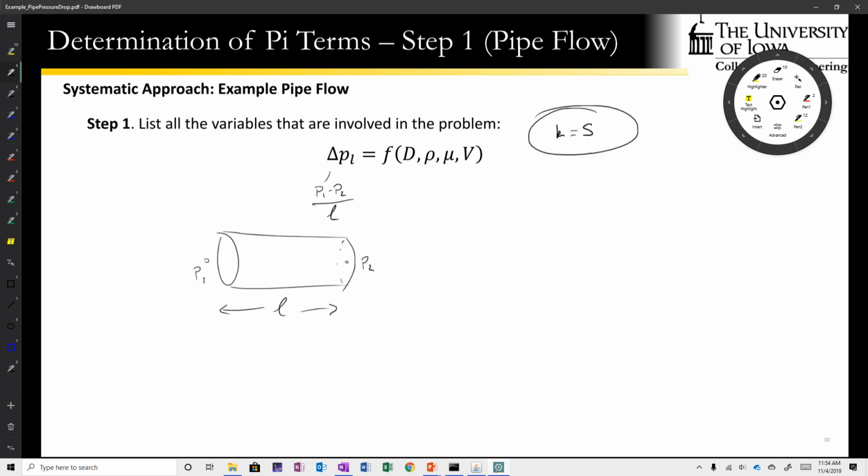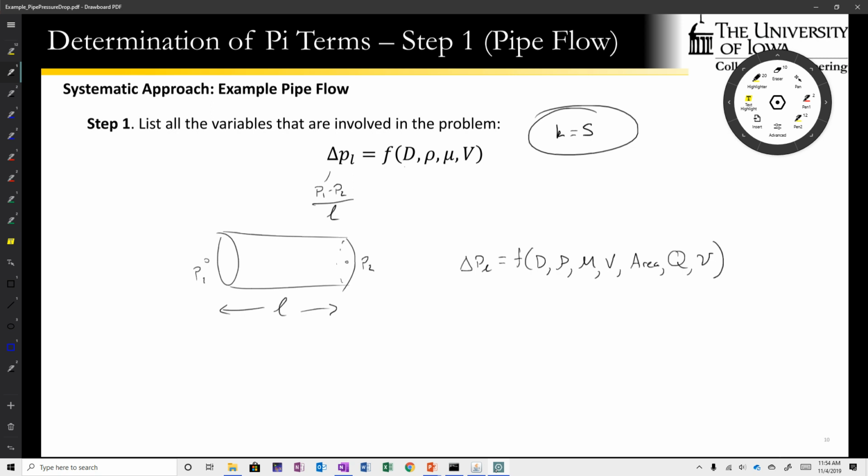Some other things to consider. These variables that go in here have to be independent of one another. What I mean by this is that you cannot have any two variables that are related by some equation to one another. If I were to say that delta P sub L is equal to some function of diameter, rho, mu, v, the cross-sectional area of the pipe, the volumetric flow rate, and the kinematic viscosity.